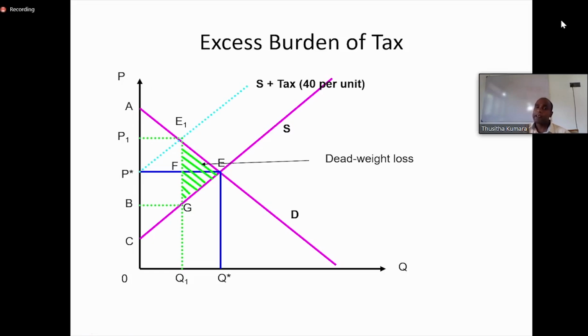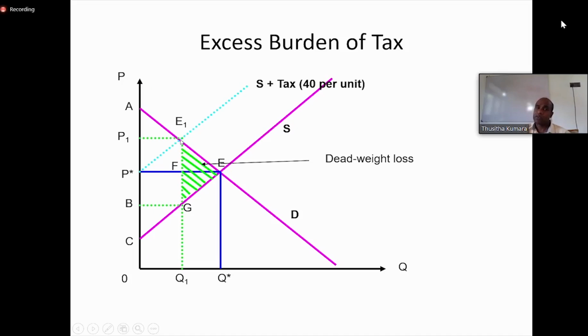Now let's say we are putting a 40 rupee per unit tax. When we put the tax, what happens? The supply curve shifts leftward by the same amount of tax. So now we have a new curve, S plus tax.